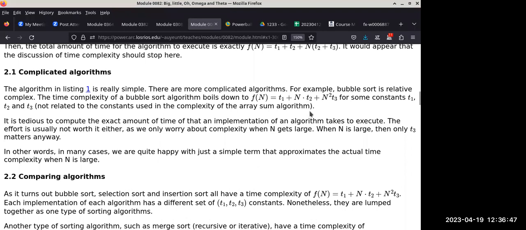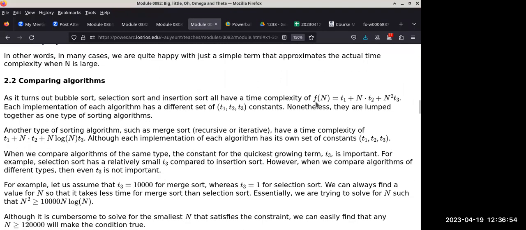So now the question is, when we compare algorithms, how do we do it? Are we really going to find out the f of n, which is the exact amount of time that it will take for a problem of size n to solve? Or do we really just need to know how it compares to another algorithm?